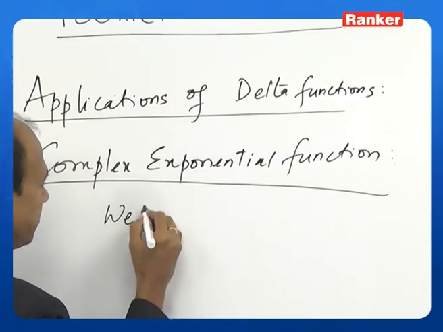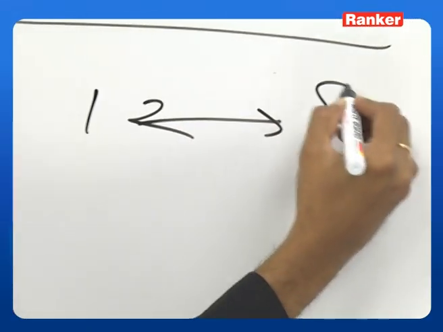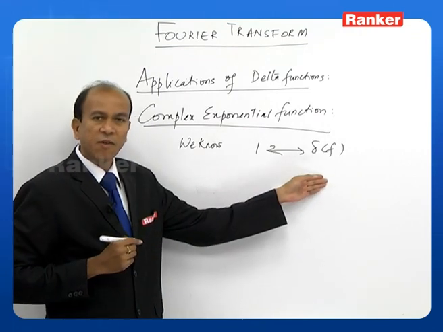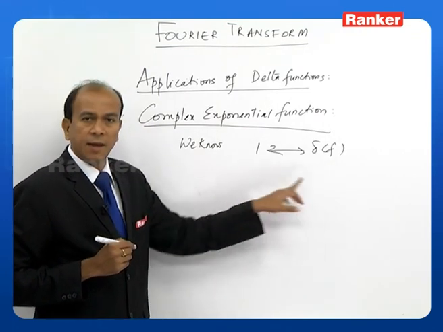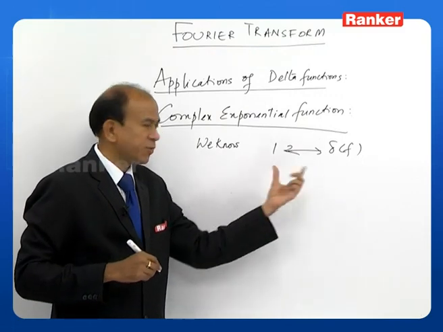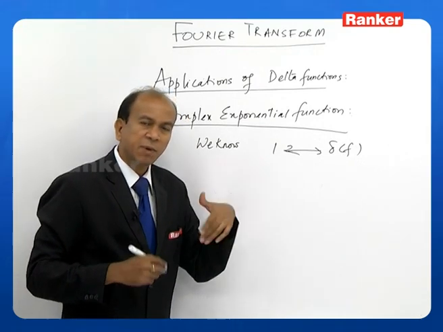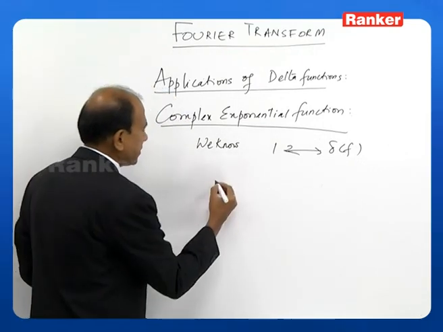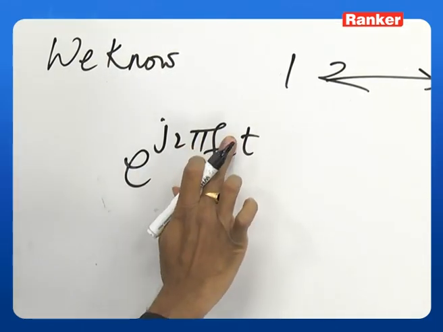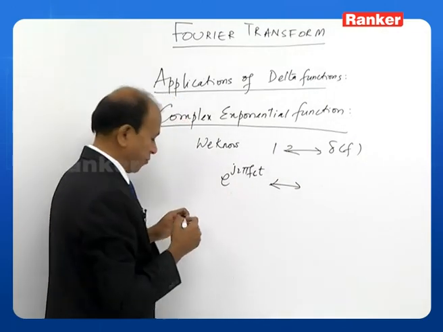So, we know just now we have seen this, that 1 will have a Fourier transform of delta f. Now, if this is multiplied by, let us say, the exponential of j2 pi fc t, then what will be the Fourier transform for this?